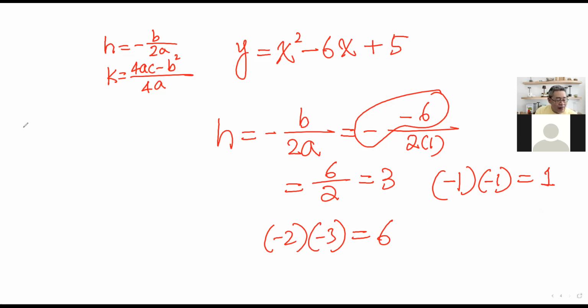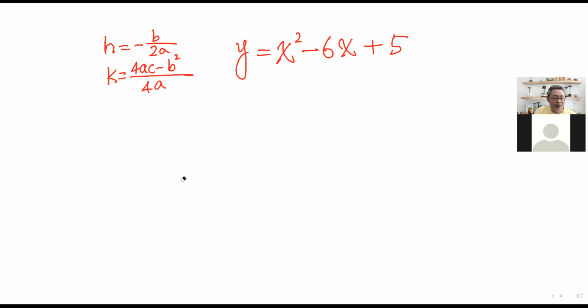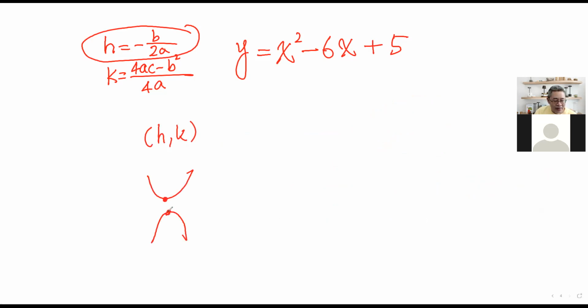So now I'm going to show you another way to find the K. One is by the formula. Another one is just plugging in the H, because H comma K is the vertex, and since it's a vertex, it's part of the function.